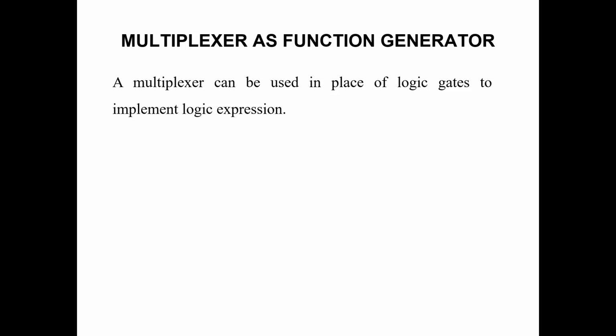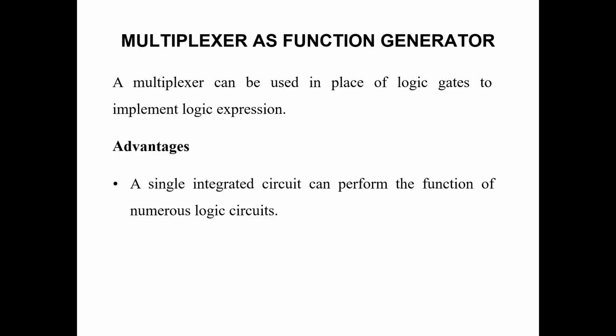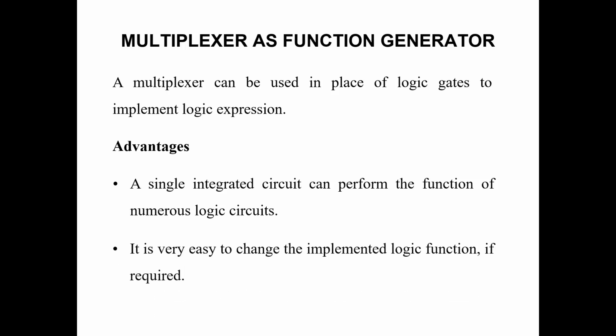Now we will discuss how we can use a multiplexer as a function generator. A multiplexer can be used in place of logic gates to implement logic expressions. The advantage is that a single integrated circuit can perform the function of numerous logic circuits, and it is very easy to change the implemented logic function if required.